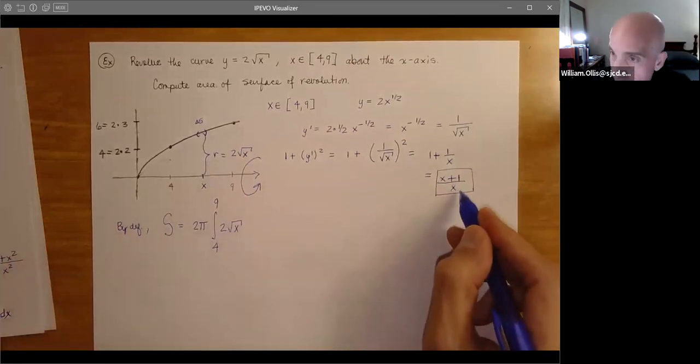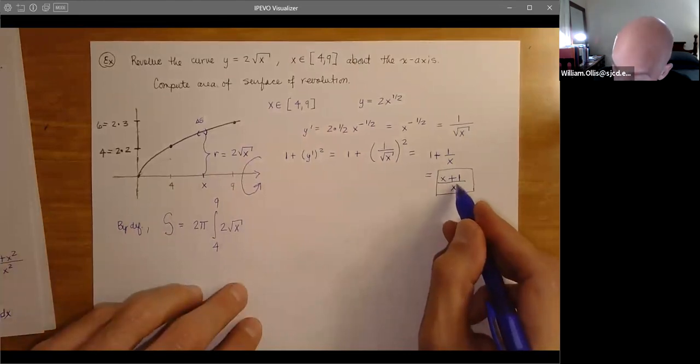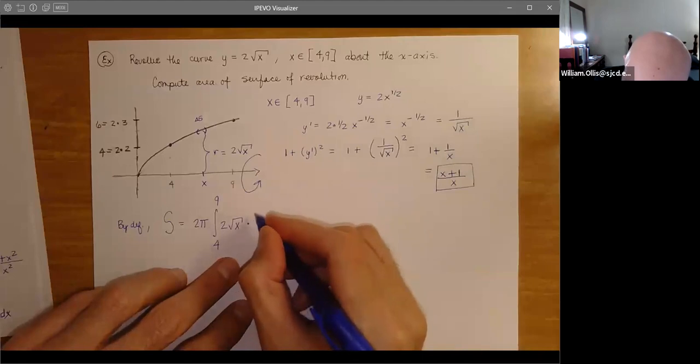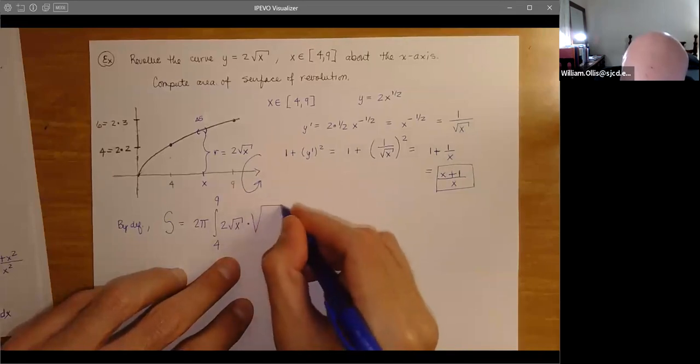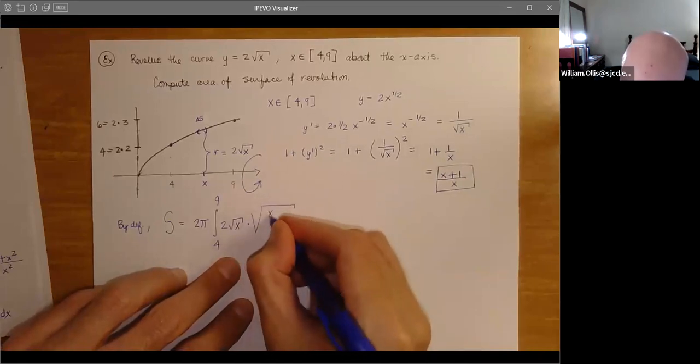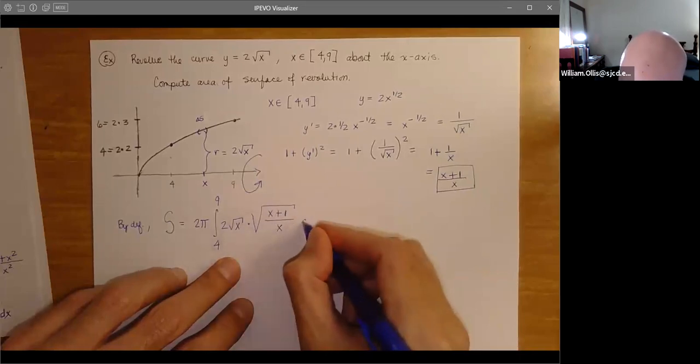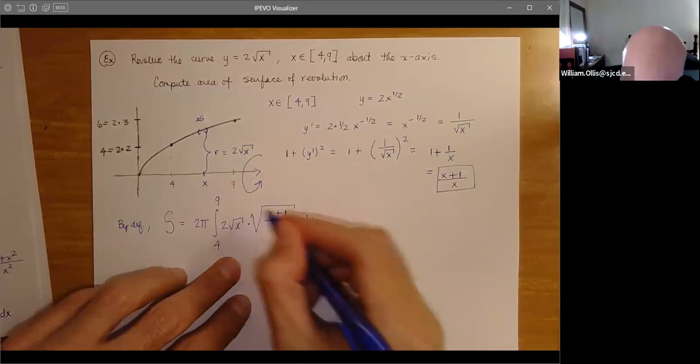And then we want the element of arc length. So we have the square root of this dx. So we have times the square root of x plus 1 over x dx.